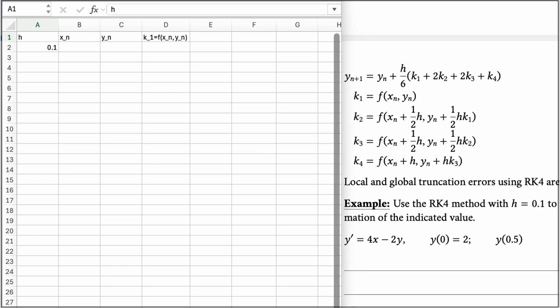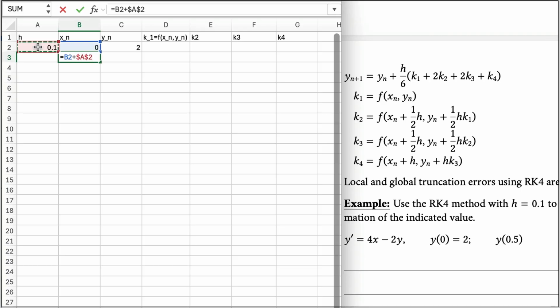I've got Excel fired up. We have our step size of 1/10, x sub n, y sub n, and then I've already entered k1, at least as a header. And we of course need k2, k3, and k4. Initial conditions: when x is 0, y is 2. We need to fill in our x values, so we'll say that our x value is equal to a previous x value plus our step size of 1/10.